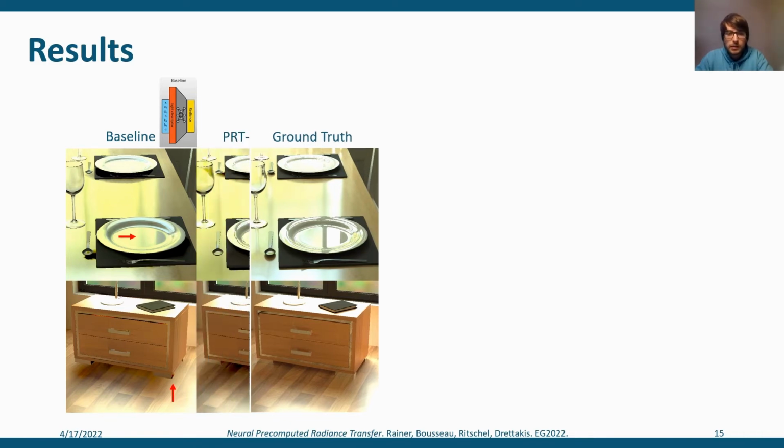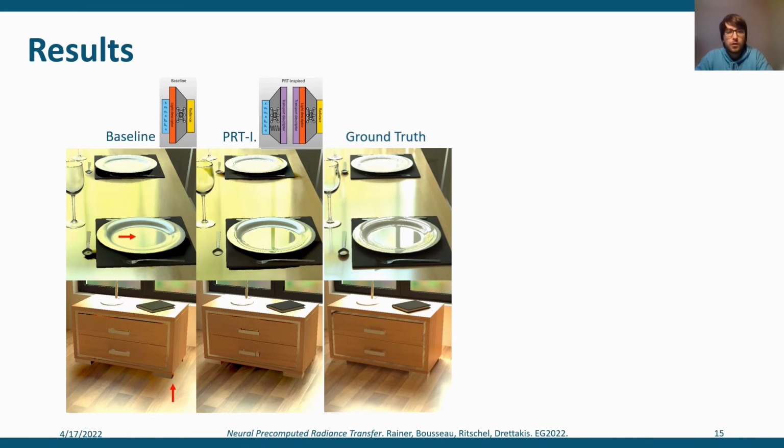The PRT inspired design does much better, since its first MLP can learn a light independent transport descriptor for a given point, and then the second network only learns to relight a spatial code. So this improves the realism a lot more, since now the network cannot bake in reflections or shadows anymore. It actually needs to learn a more physically based representation of the transports.